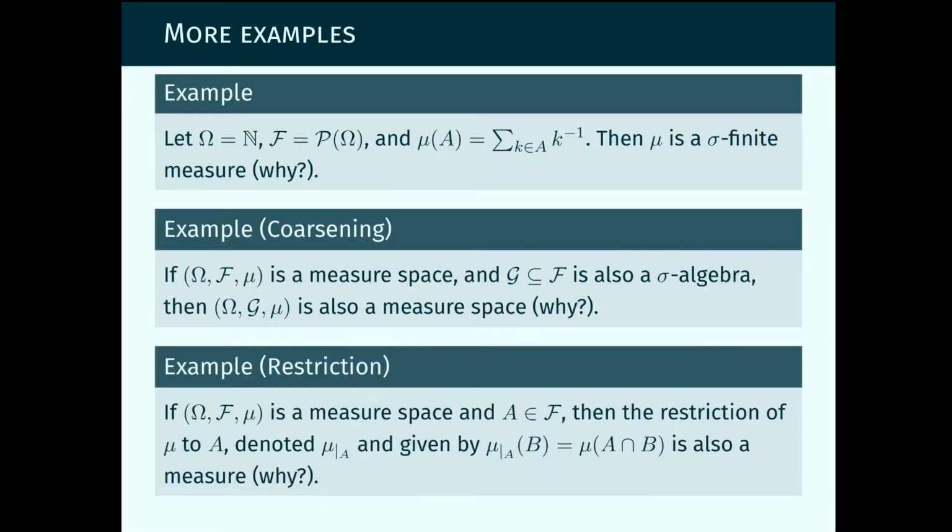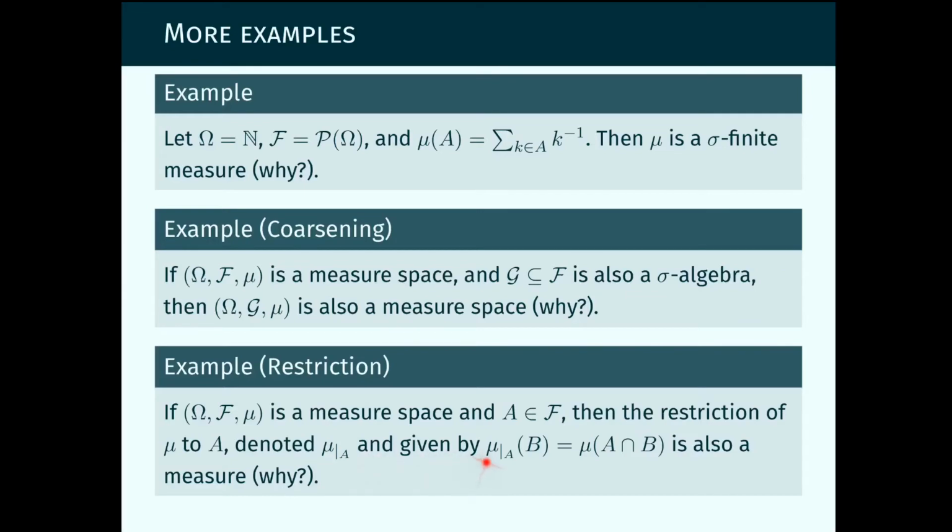Now here is another example of how to build a new measure from an old one. So we start again from a measure space, which has a sample space, a sigma algebra, and a measure. And suppose we have some measurable set, which means an element of this sigma algebra. Then we can define the restriction of the measure mu to the set A. We denote this by mu restricted to A, and this is given as follows.